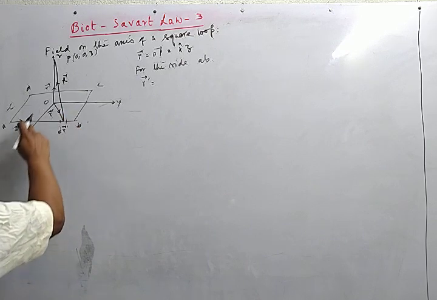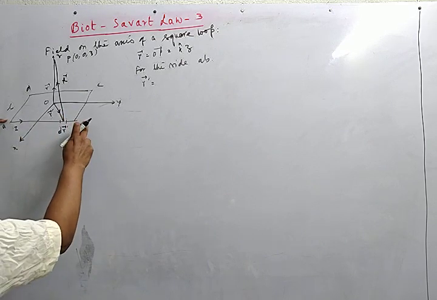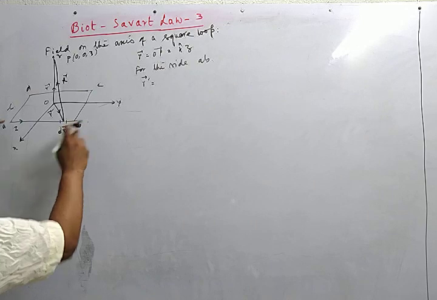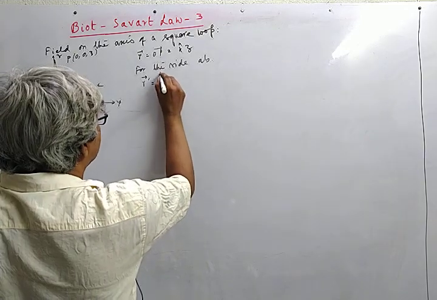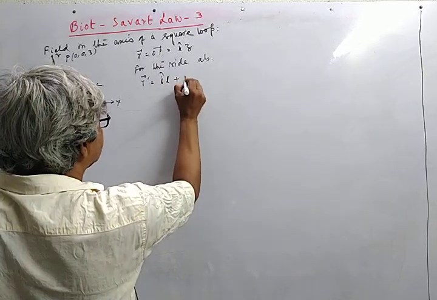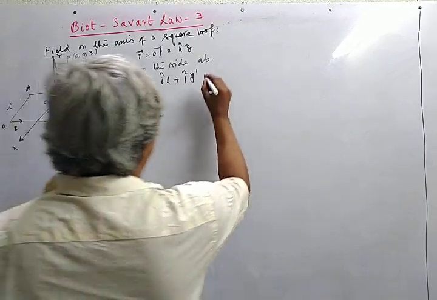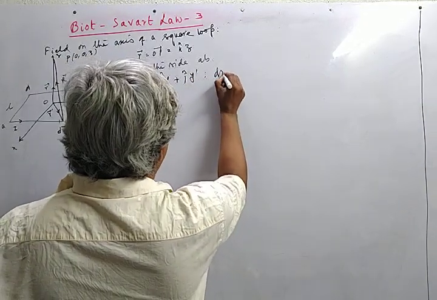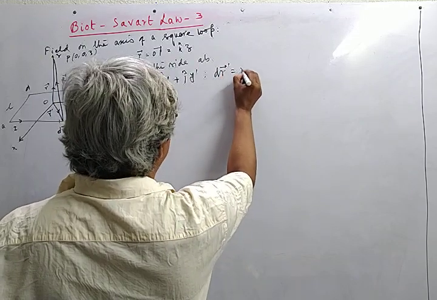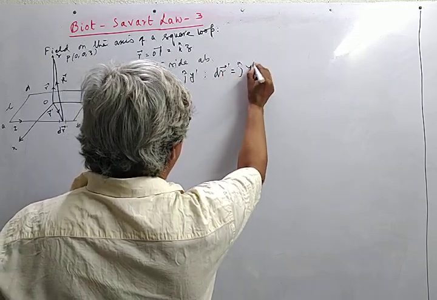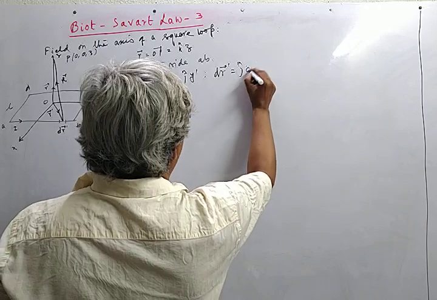You see that x is constant on AB, x is constant at L, so this is i cap L plus j cap y prime. So immediately what we get, dr prime is equal to j cap dy prime.